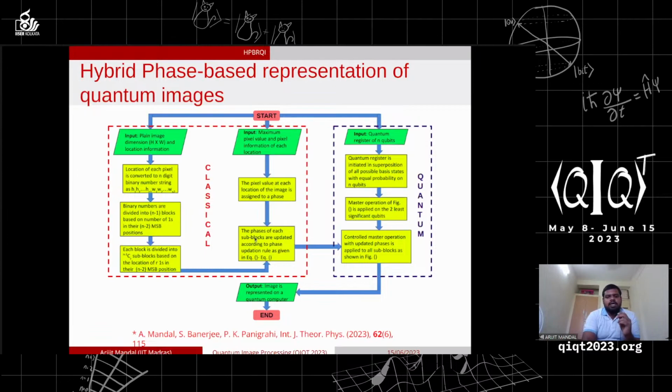Then there is a phase updation formula which will maintain the record of the phases that you need to feed to the circuit. After doing all the calculation, the final phases will be sent to the quantum channel, where the location information is represented on the basis, next the color information is represented on the phases, and finally the image is represented on a quantum computer.